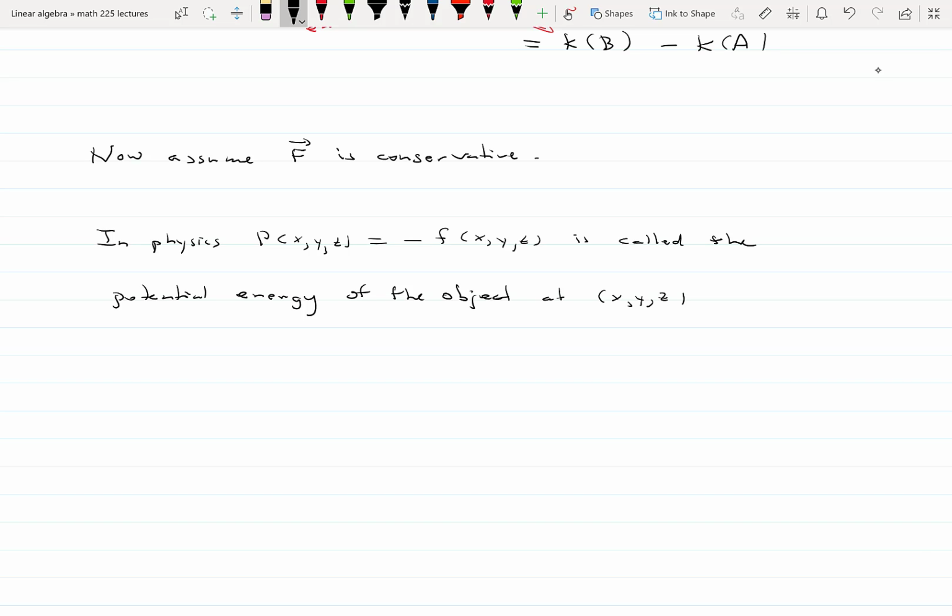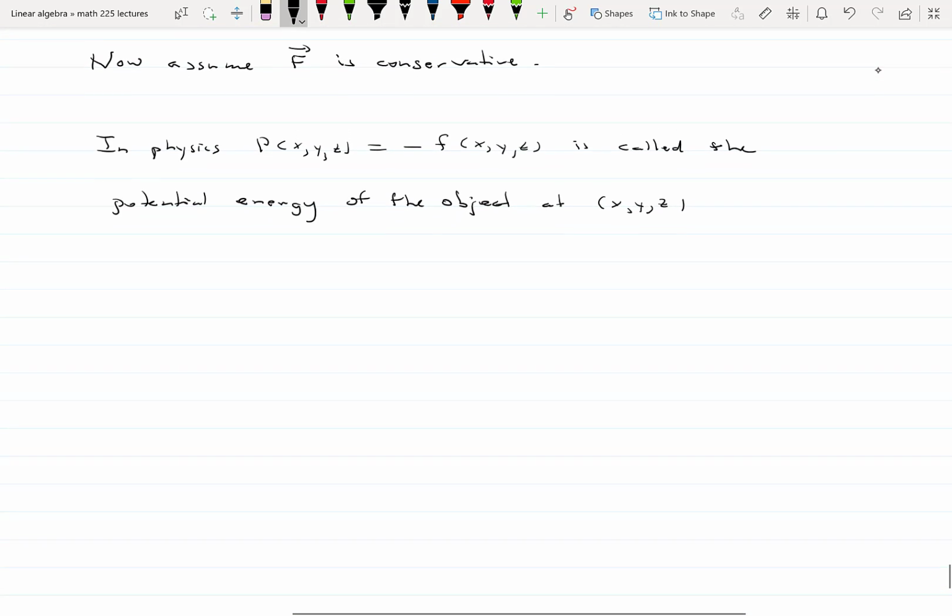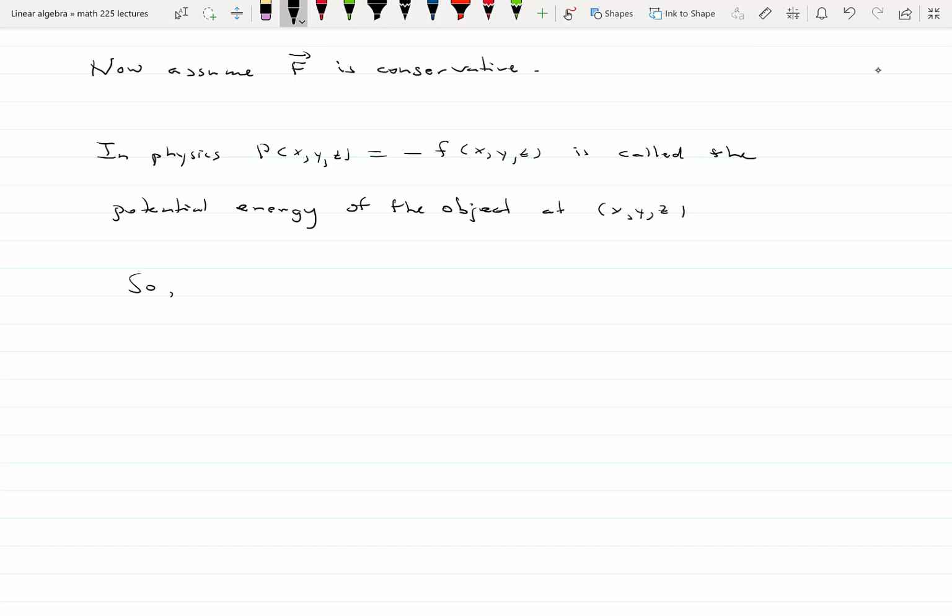So the potential that we found is not quite the potential energy in physics. Since the force field is conservative, F equals the gradient of small f, or in terms of the potential energy function, F equals the negative of the gradient of the potential energy function.